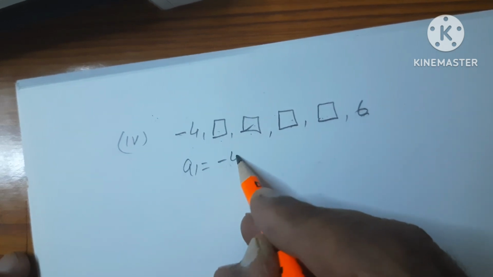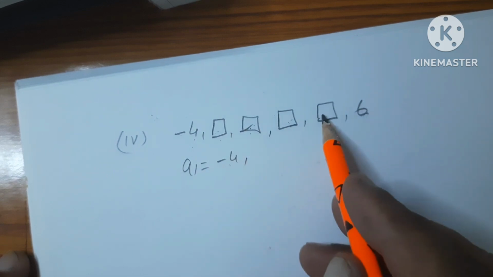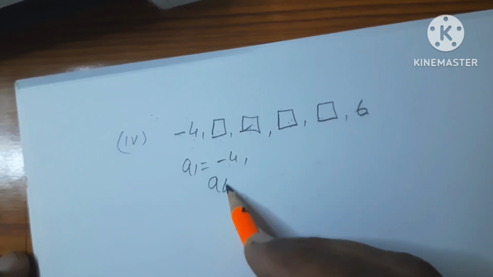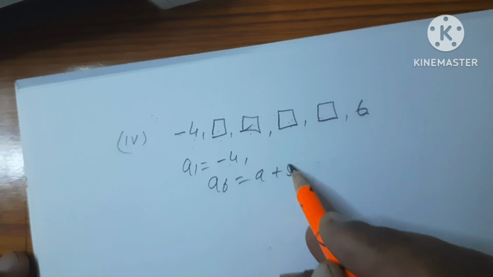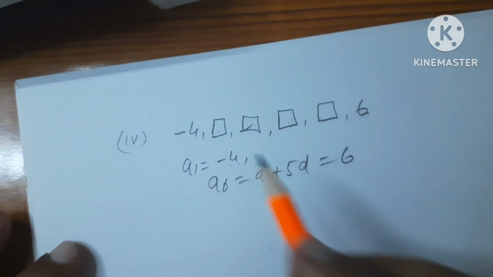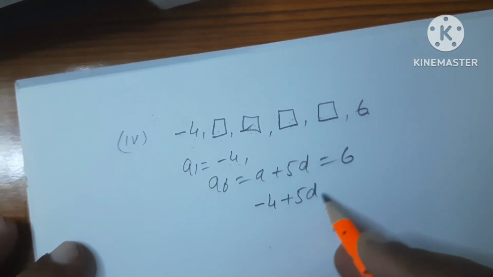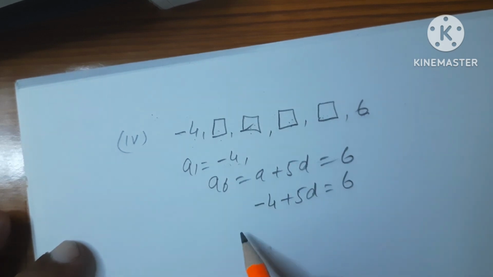A1 is equal to minus 4. A6 is equal to A plus 5D, which is equal to 6. So A is minus 4, plus 5D is equal to 6.